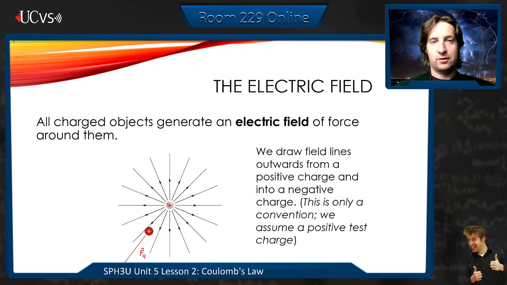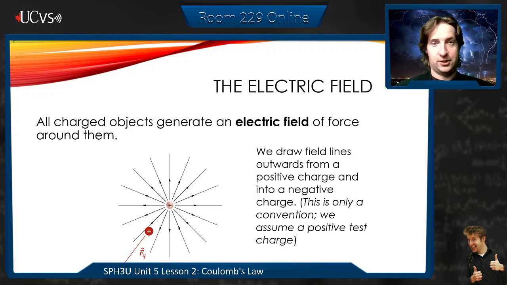What we call an electric field is all the directions. Imagine if I put that test charge everywhere, I will end up with this big picture of a whole bunch of arrows that represent all that influence of that positive charge. So we draw these field lines going outwards. This is purely because we're assuming that our test charge is positive.